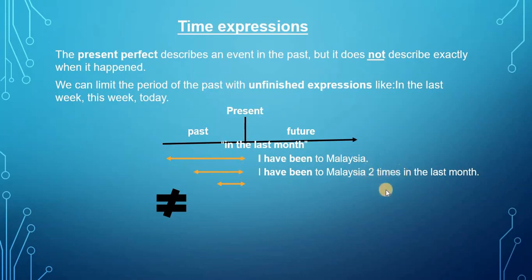So it means that we have been to Malaysia 2 times between here and here, 1 month, but it is still an unspecified moment in time. We don't know exactly when we went to Malaysia.